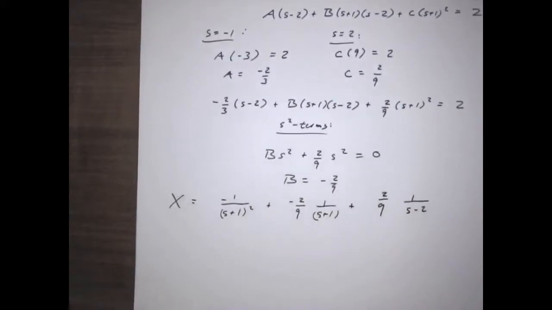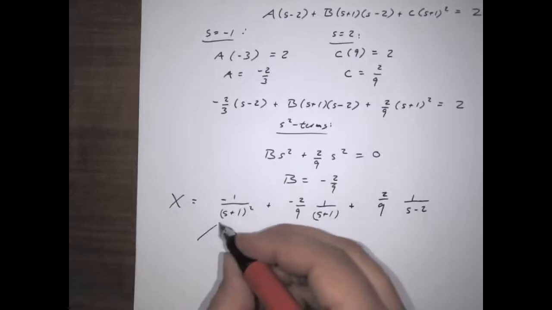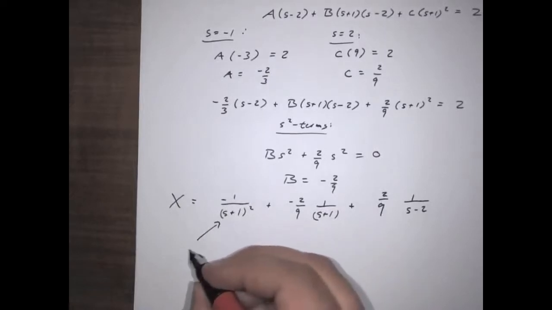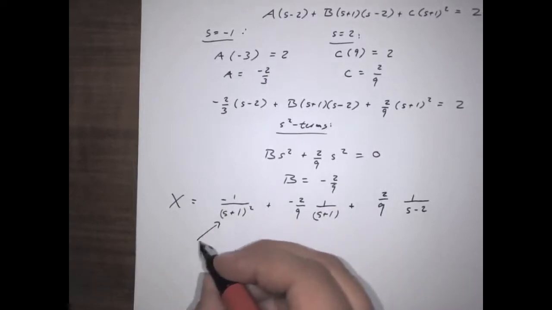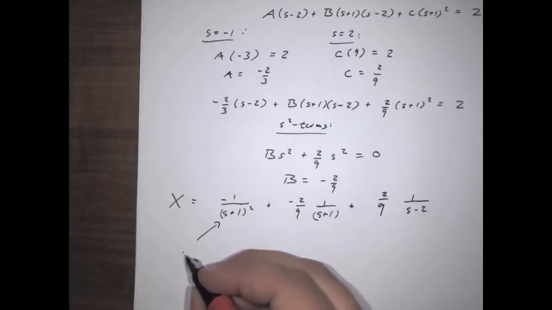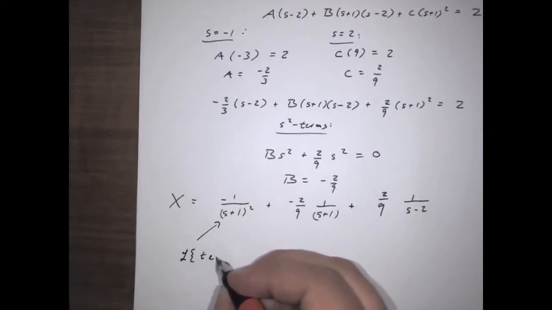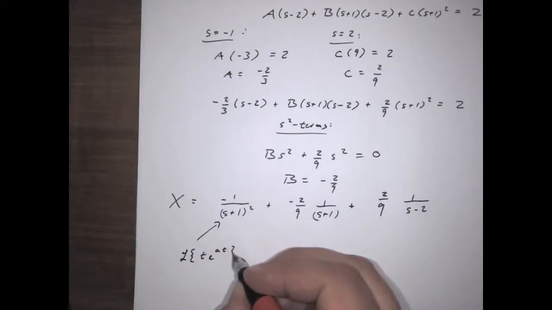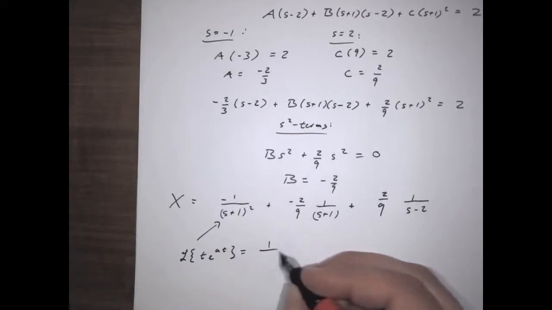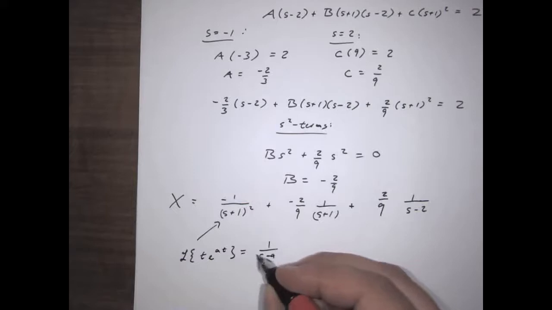And here, sorry, I jumped the gun a little bit on this one, but if you remember, this one fits the Laplace transform pattern for t e to the at, which equals 1 over s minus a squared.